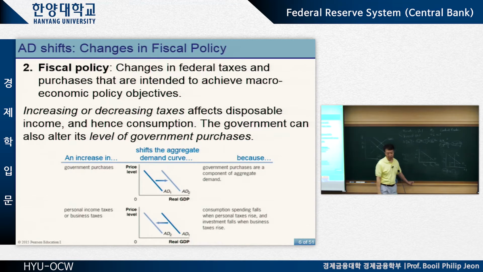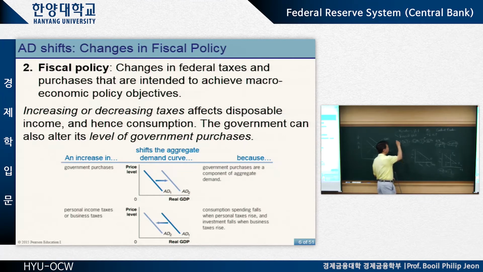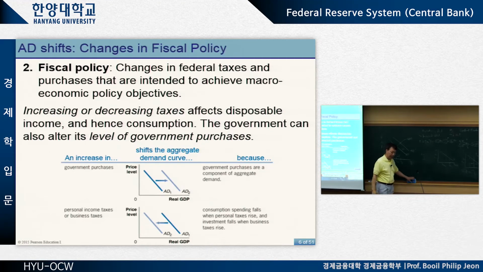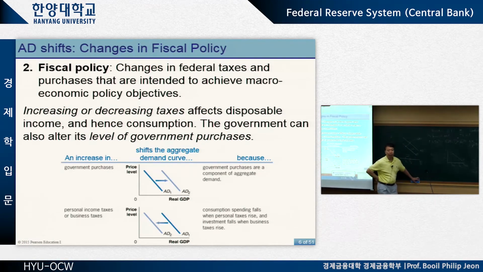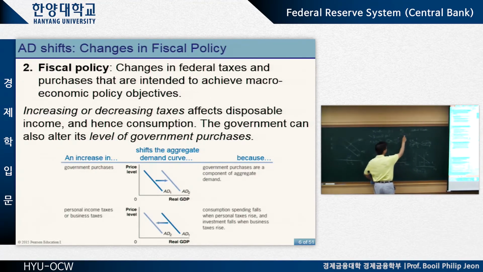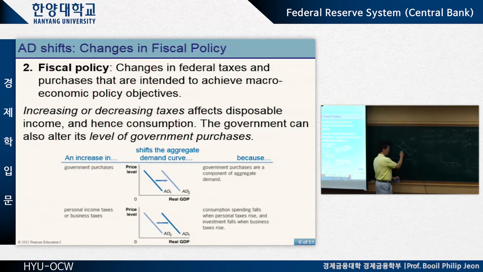So any one of those, the reduction in taxes or increase in government purchase, will increase aggregate demand. Okay? So we call that expansionary policy. Expansionary fiscal policy will involve lowering taxes and increasing the spending, and that means aggregate demand will shift to the right.